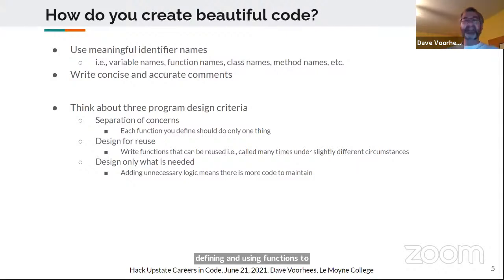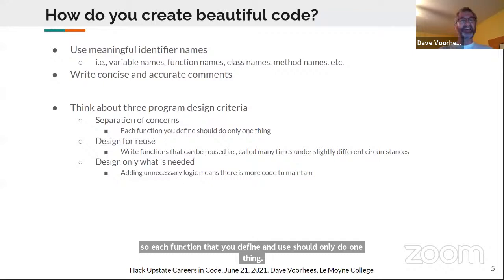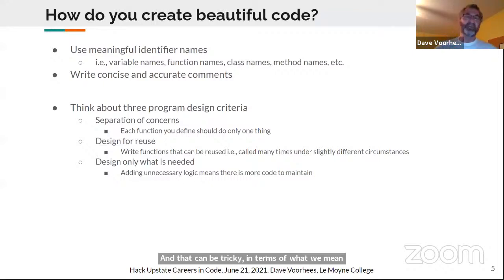I could change the definitions here if we're doing object-oriented programming or other types of programming using other programming paradigms. And so each function that you define and use should only do one thing. And that can be tricky in terms of what we mean by that. So again, we'll look at the examples in a minute. Design for reuse tends to be the most challenging aspect of this.